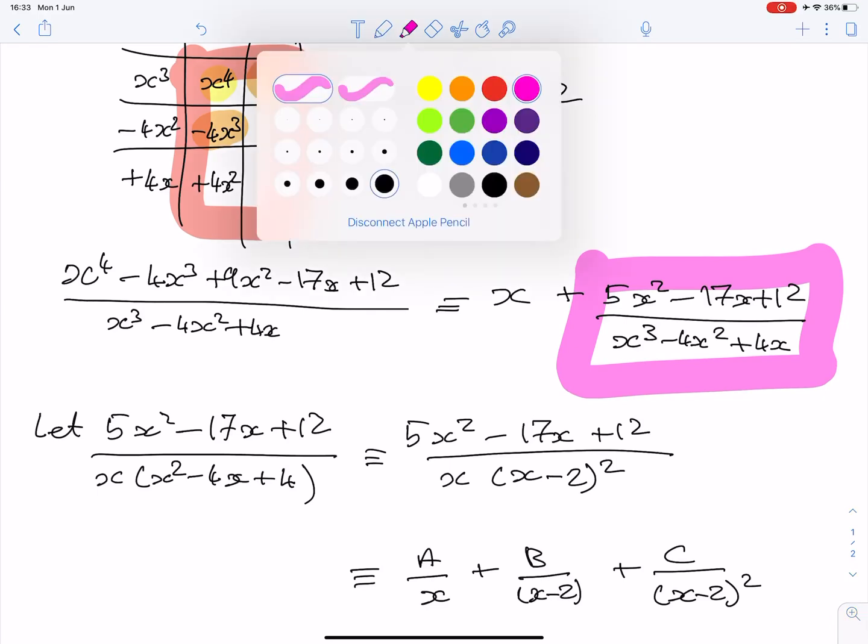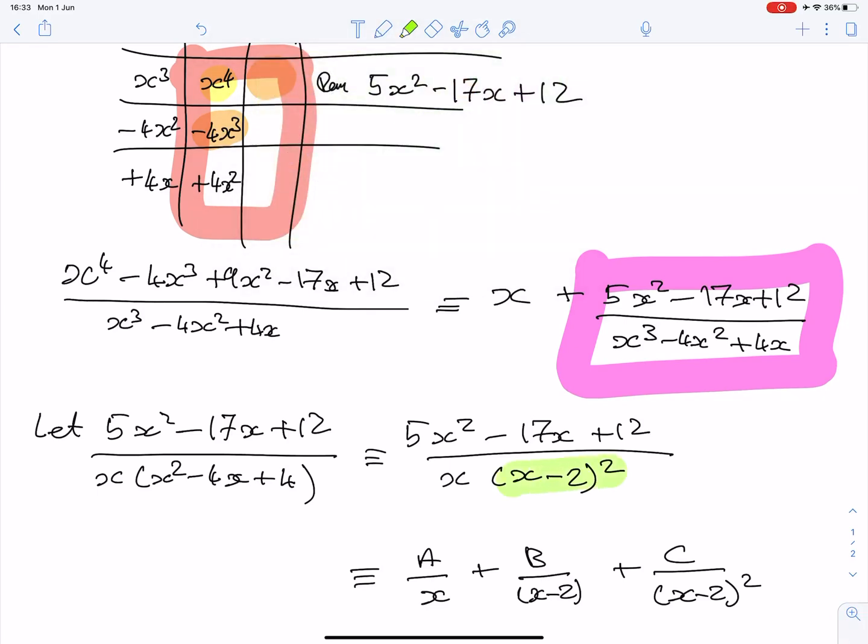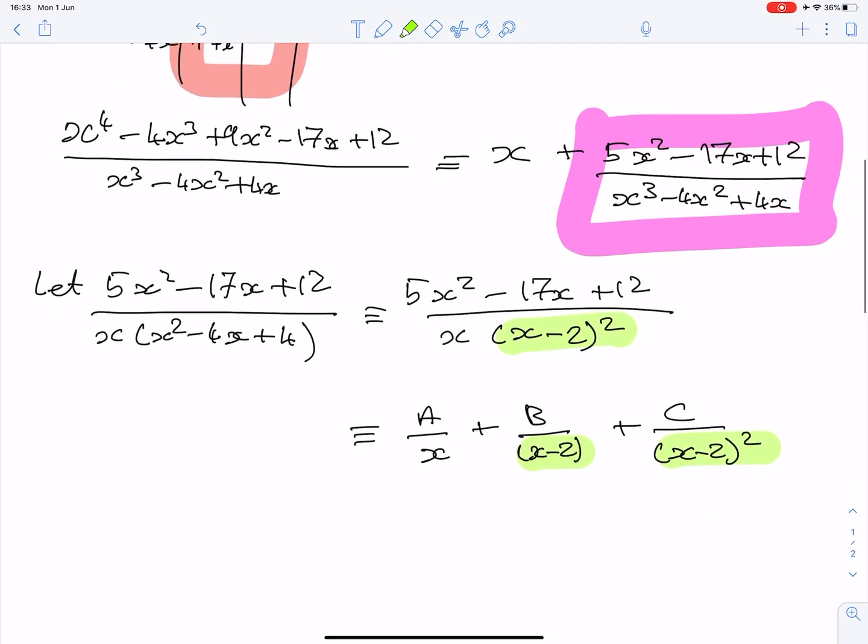Noticing the routine for the repeated factor: having to do x minus 2, b over x minus 2, and then c over x minus 2 squared.